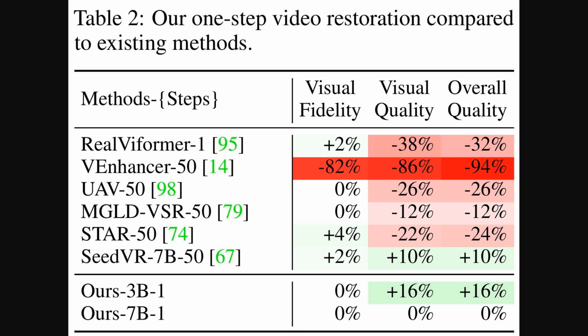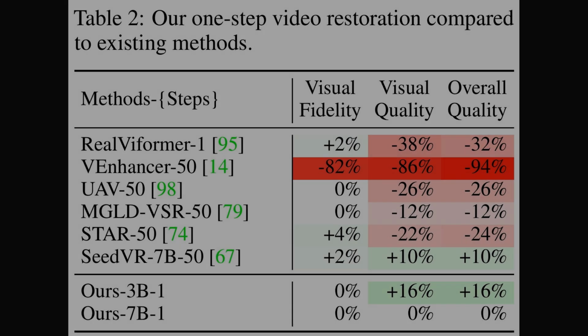Here, the proposed 7 billion parameter one-step model, ours 7B1, serves as the baseline. Interestingly, ours 3B1, the smaller 3 billion parameter one-step version, shows a plus 16% improvement in both visual and overall quality compared to this 7 billion parameter baseline. This highlights the efficiency and strong performance of the smaller model.